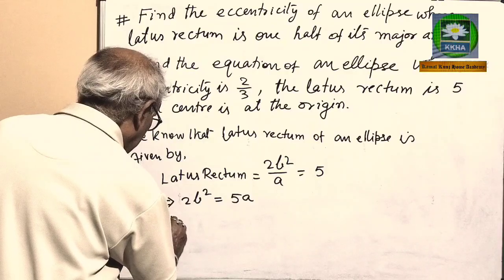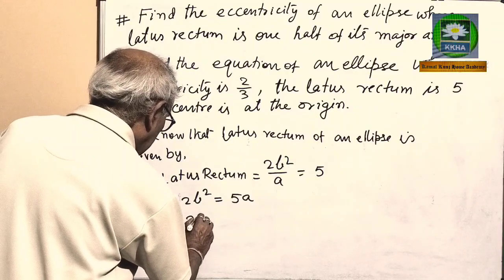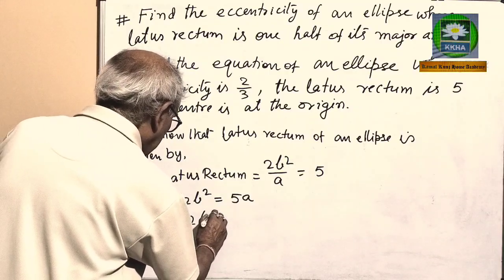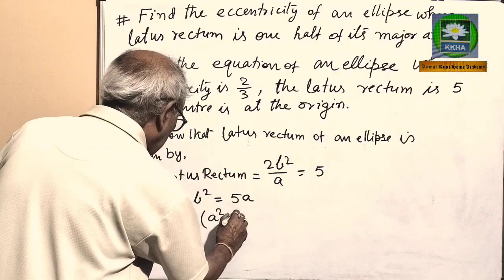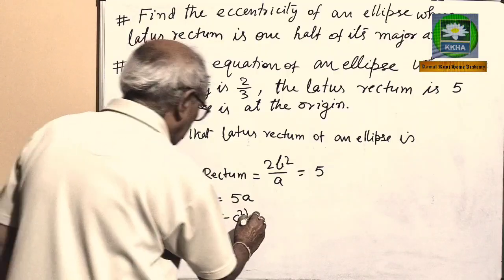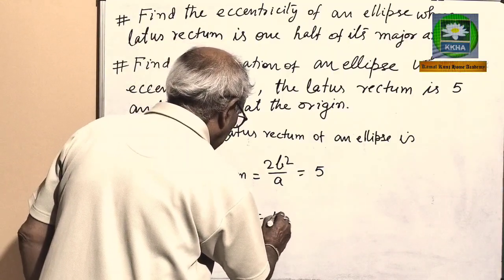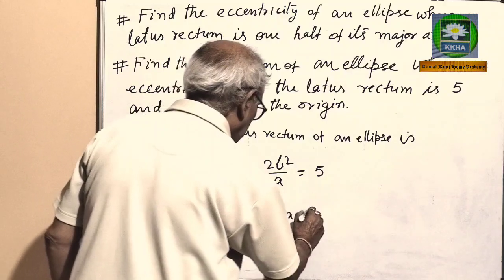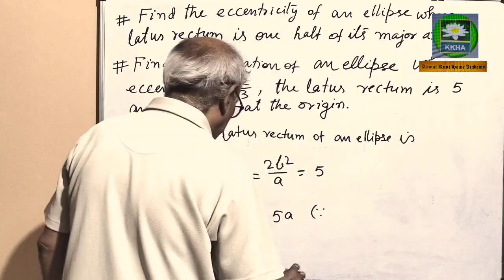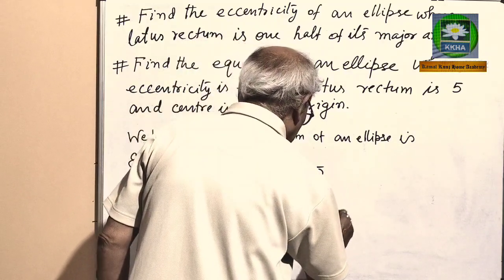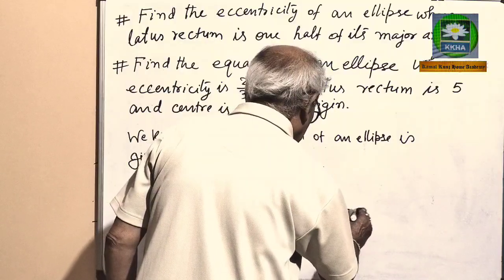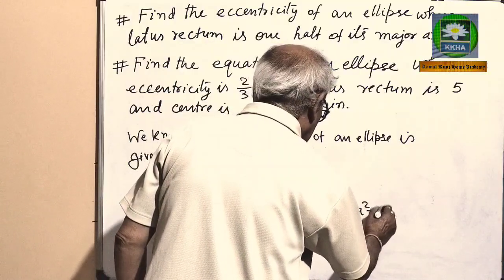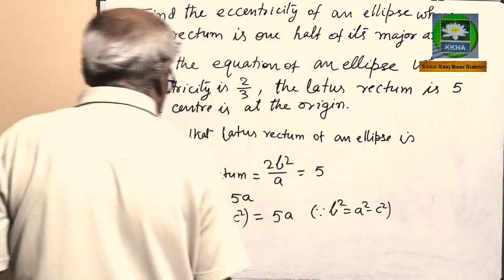This implies that twice a square minus c square is equal to 5a, since b square is equal to a square minus c square.